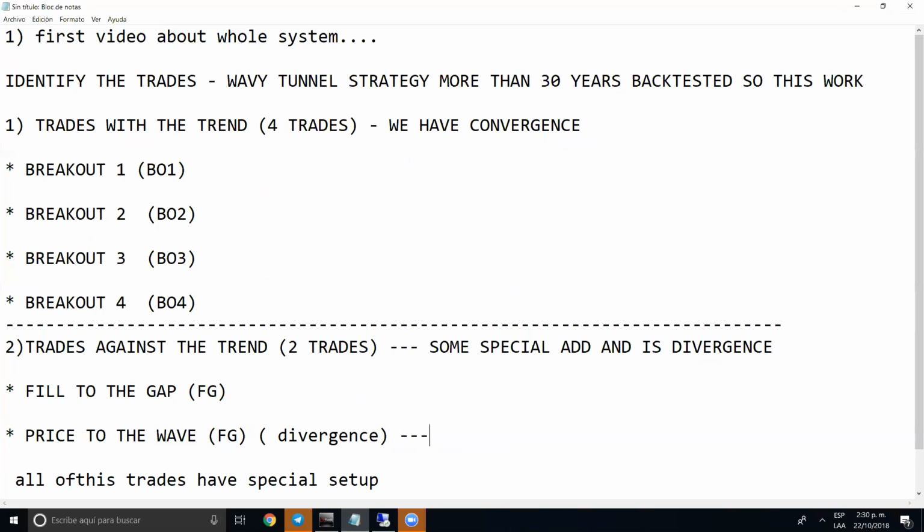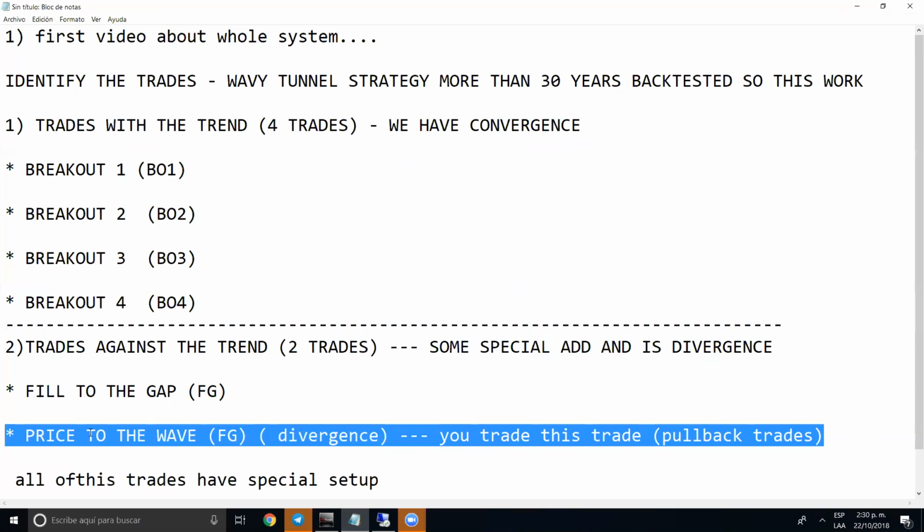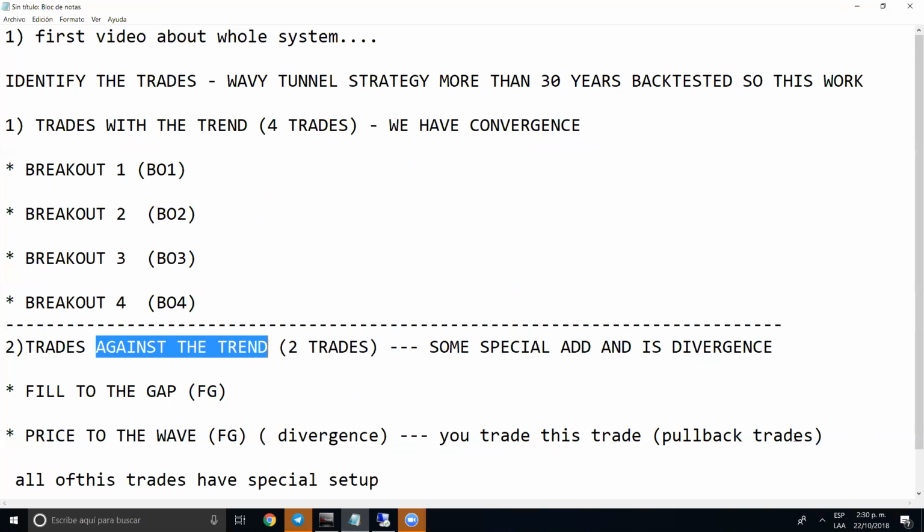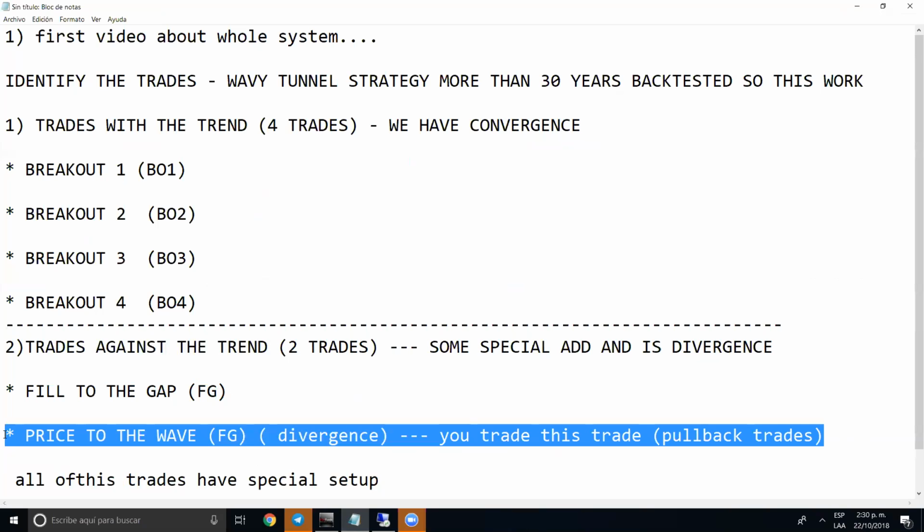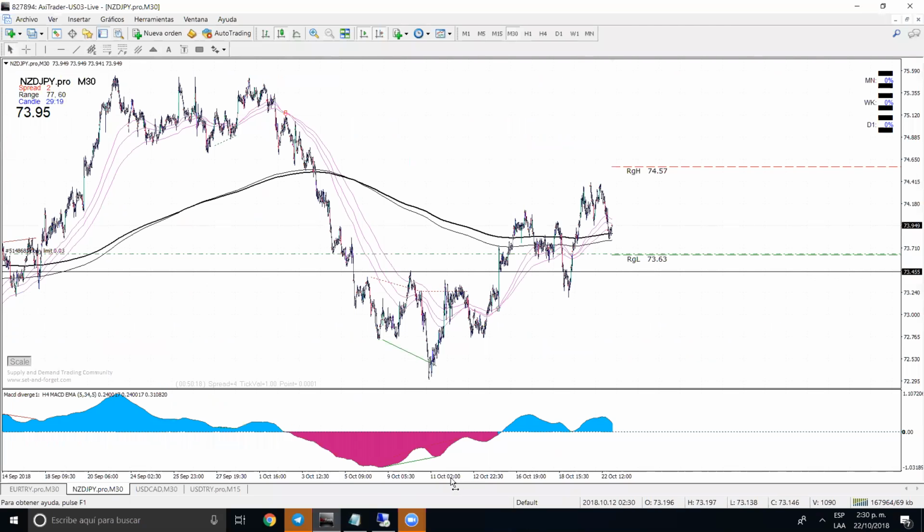Usually you trade this trade, price to the wave or pullback trades. Okay, if you can continue, this is a really nice trend. When you're going against the trend, you trade this, it's a really, really nice trade. I really like it. But I need to have a clear divergency.